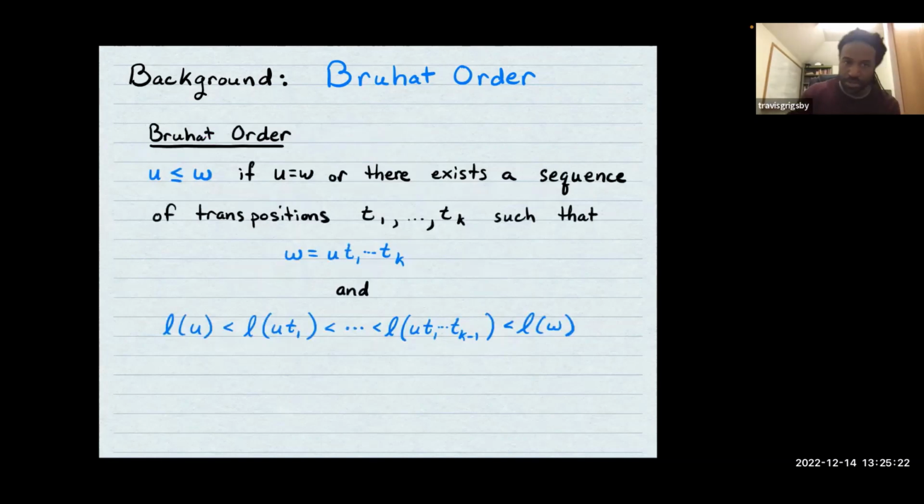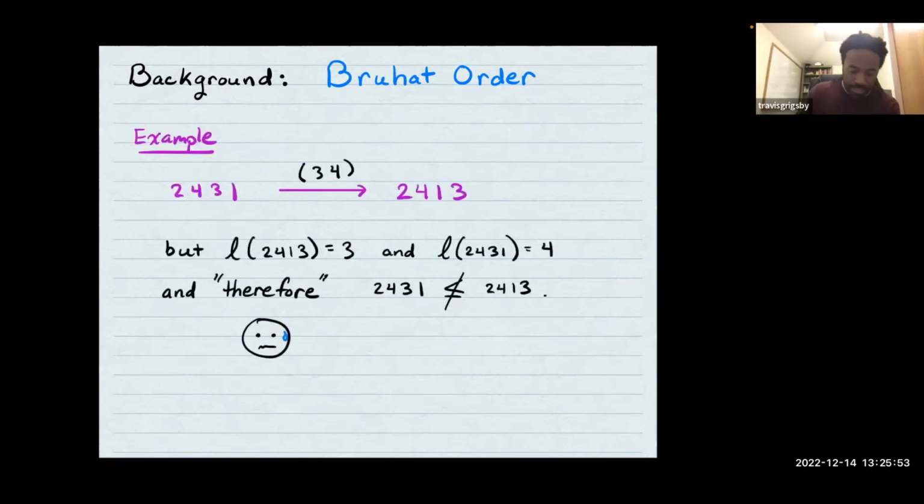In Bruhat order, you can say that a permutation U is less than a permutation W if either U equals W, or, more interestingly, if there's a sequence of transpositions that bring you from U to W such that you go up in length every time. As long as you can do that, you have that comparison in the Bruhat order.